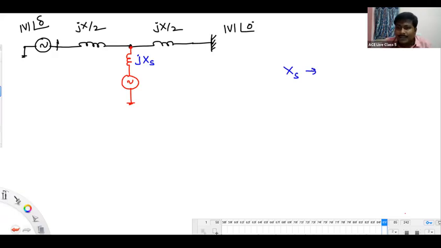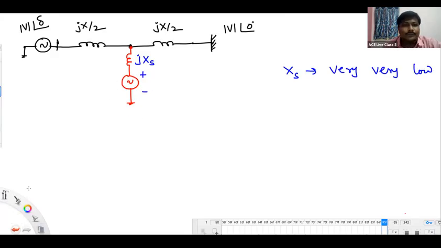STATCOM will have reactance because you may have an interconnecting or coupling transformer, which will have some reactance. That is considered as Xs here, which is a very, very low number. And we have some internal voltage for this one.